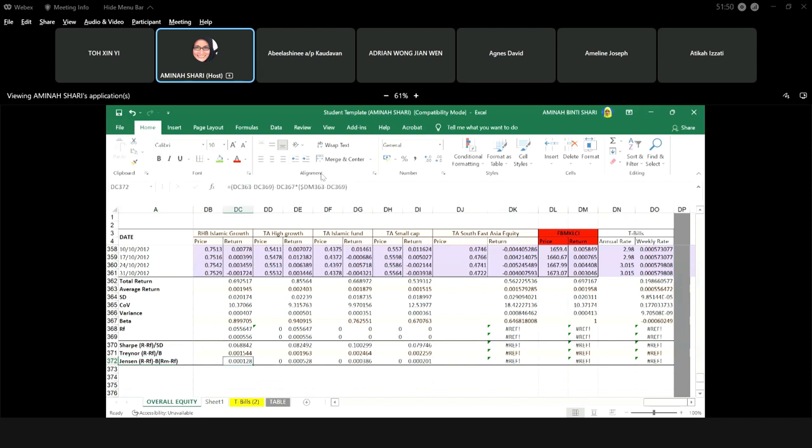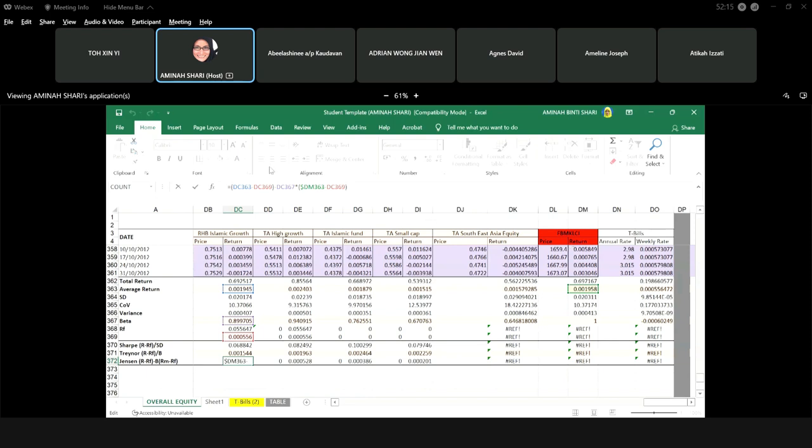Dekat sini ini adalah KLCI. Okay, you boleh tengok kan the value dia dekat sini. RM ni refer pada return on market. Okay, return on market tu kita guna benchmark untuk type of data you. Macam I guna equity data, so I refer pada KLCI. Okay, KLCI I punya benchmark.